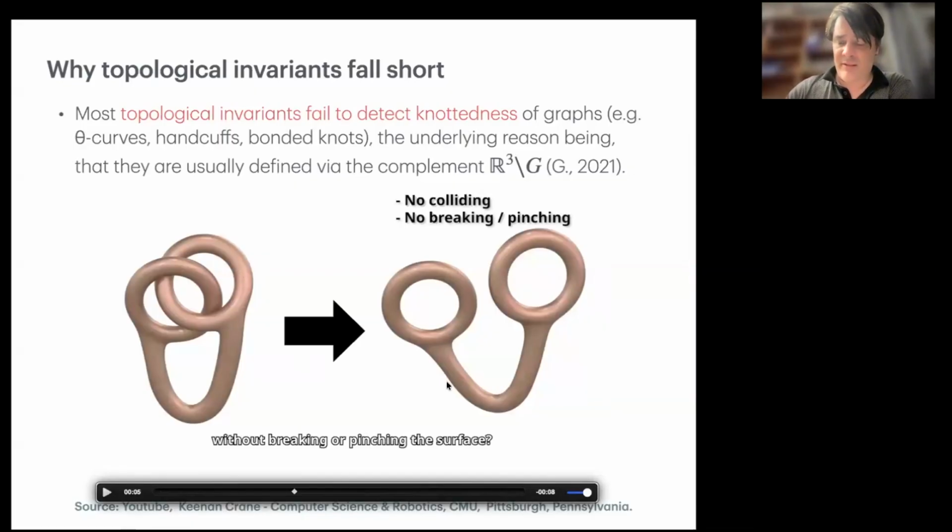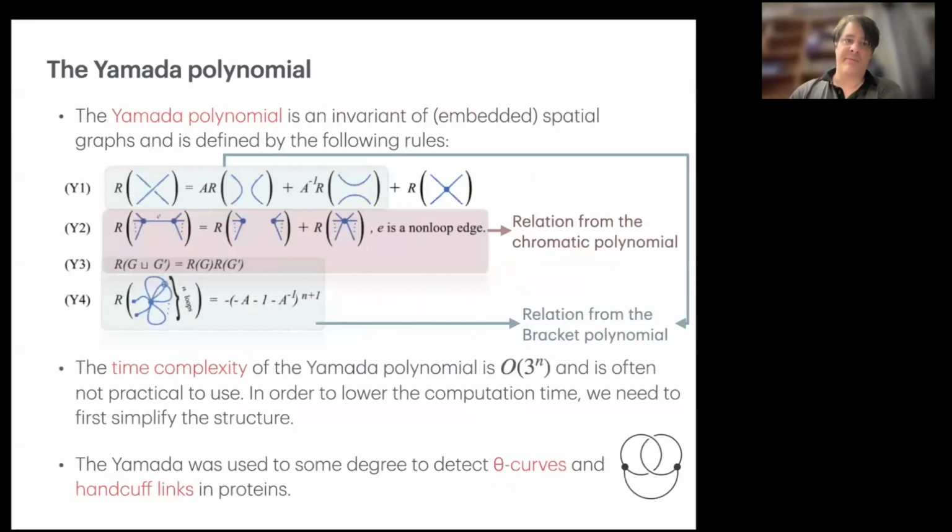And these old invariants based on classical knot theory usually fail in the topological case. There is one exception, and that's the Yamada polynomial. This is a polynomial constructed by Yamada, and it can successfully detect also these bonded knots.